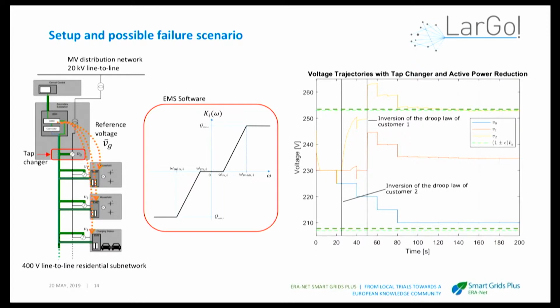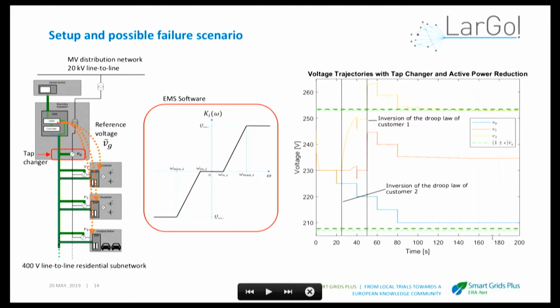So let me provide a scenario in which, if we do not update this software properly, we can see what can possibly go wrong. Let's have a look at this particular scenario where we have two customers. Let me be very clear about what line represents what. The green dashed line represents the safety margin within which we have to ensure all the voltages lie.